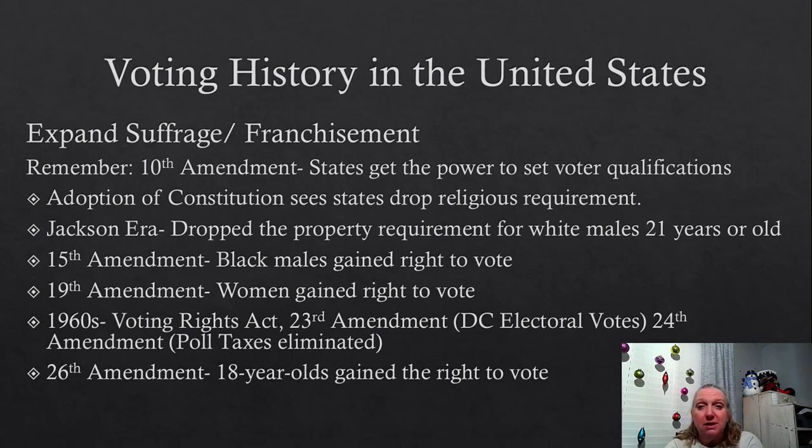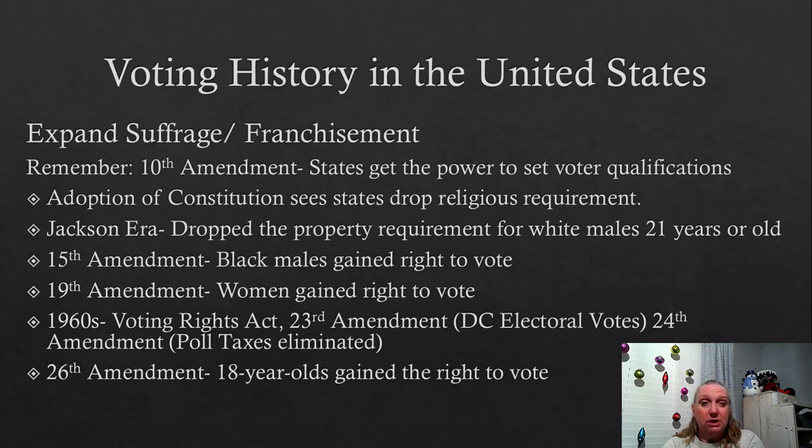You need to remember that under the 10th Amendment, states get the power to set voter qualifications, because the 10th Amendment is the federalism amendment and basically establishes that any power not granted to Congress is automatically reserved for the state or the people. In this case, because there is no mention of voter qualifications given to the federal government, those things get left to the states, except where amendments take place.